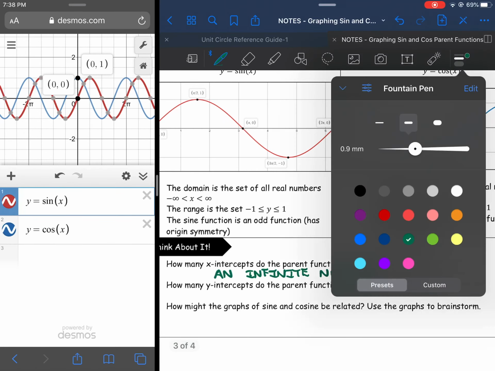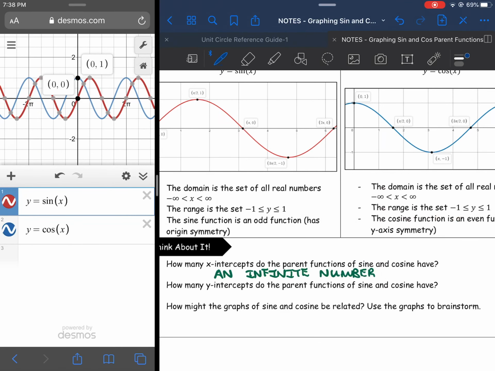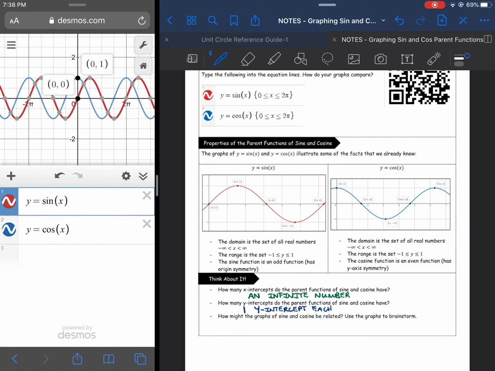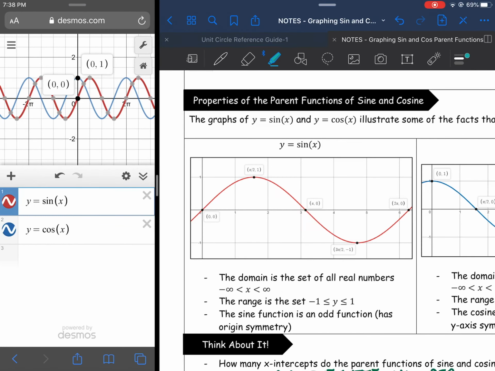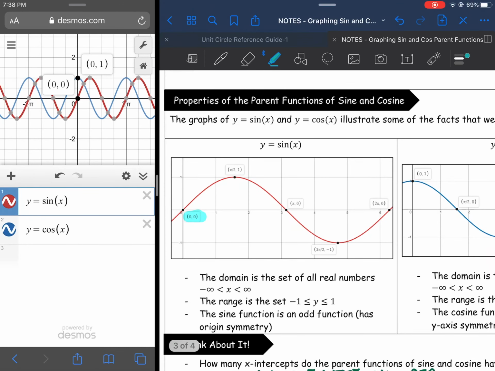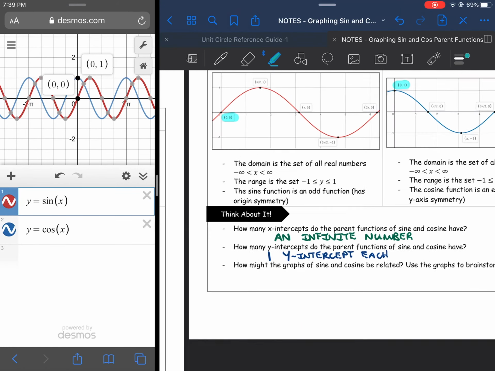So we'll say one y-intercept each. And to be specific, it is (0, 0) for y equals sine of x, or y equals sine of theta, and it is (0, 1) for y equals cosine of x, or cosine of theta.